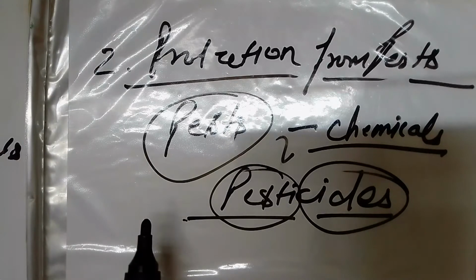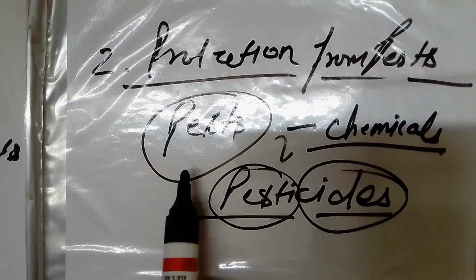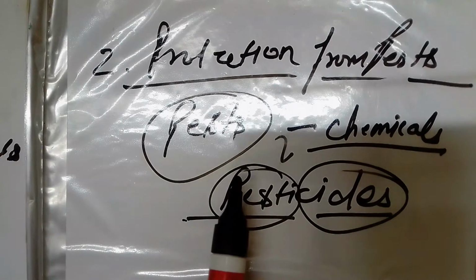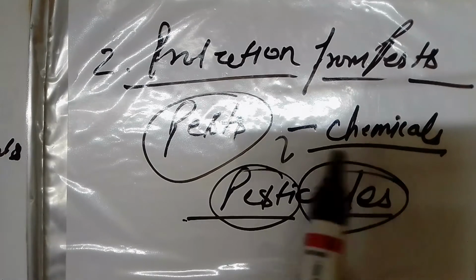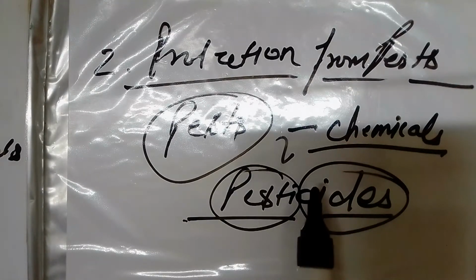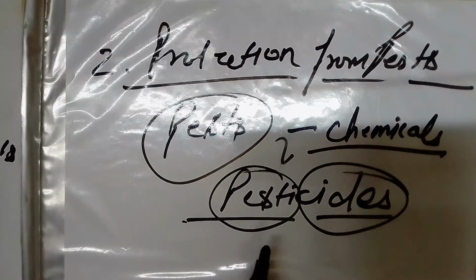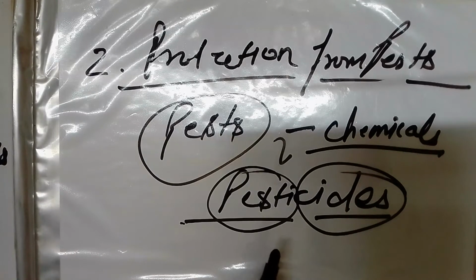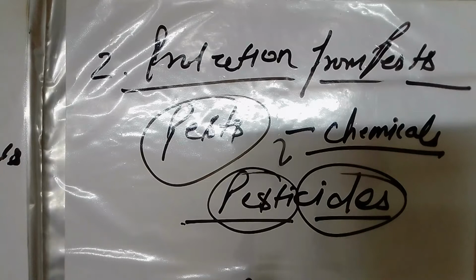Nowadays, by various biological methods, we can get rid of these pests also, keeping in view that we should minimize the use of chemicals because of their adverse effects on our environment. You will study those biological methods in higher classes. So this is all about the crop protection agricultural practice.